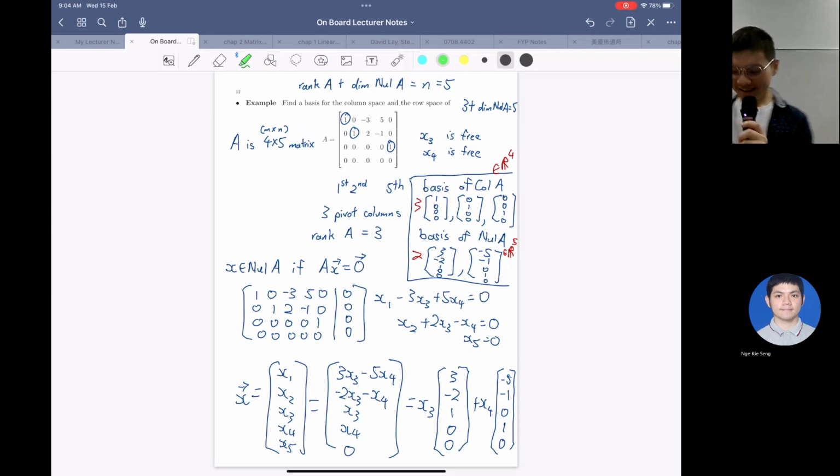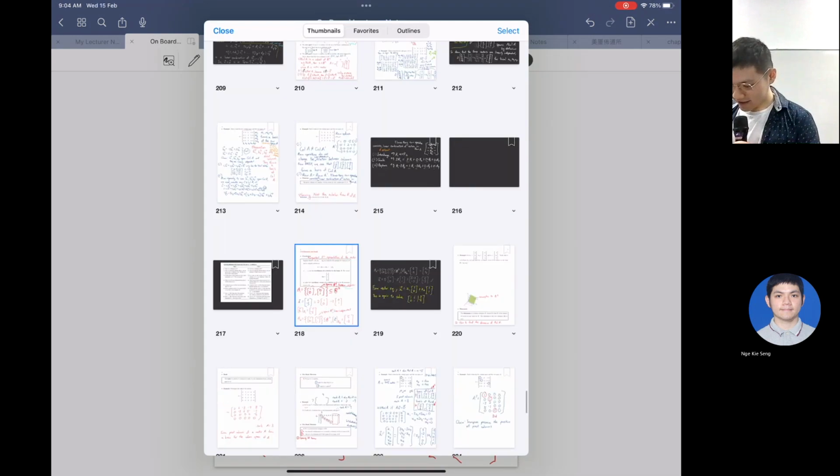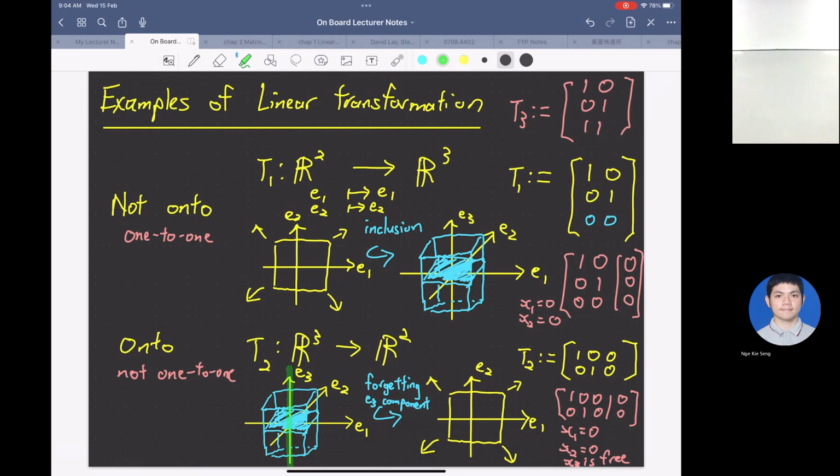Okay, so one of you came to ask me about the geometric interpretation for null A. The null space of A is everything that gets sent to 0. Let's consider the T2 example again. Because T2 is not one-to-one, the null space is not just the zero space.